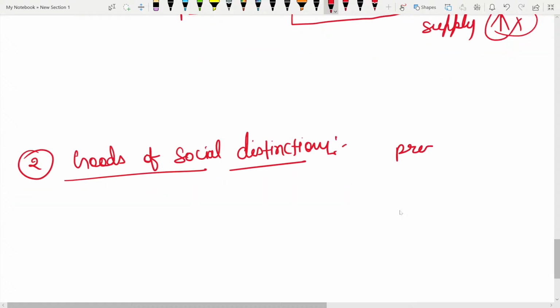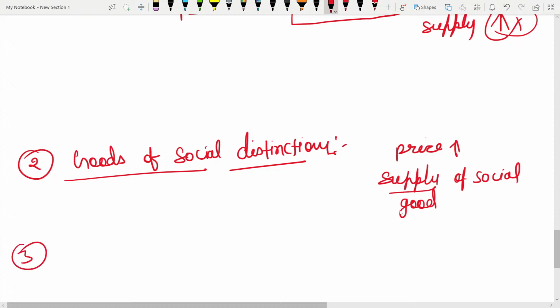So as price tends to rise, the supply of social goods remains constant. The third, we can say, is perishable goods.